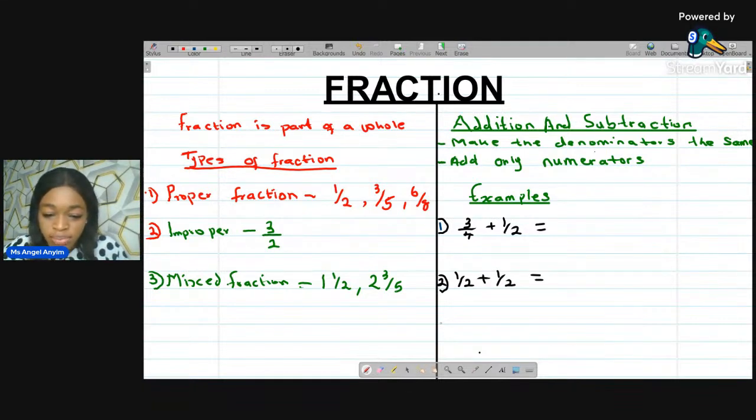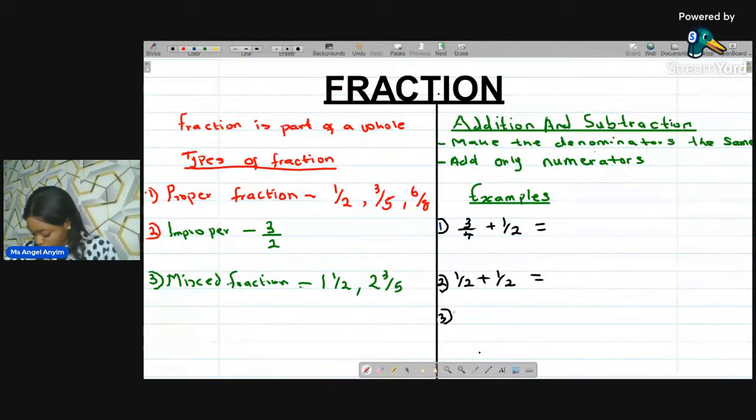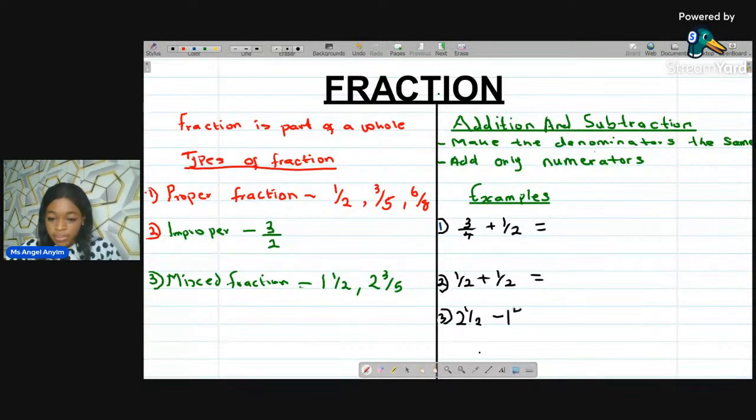Then let's see this one. Let me get a subtraction question. 2 whole number 1/2 minus 1 whole number 4/3. Okay, let's deal with these ones.